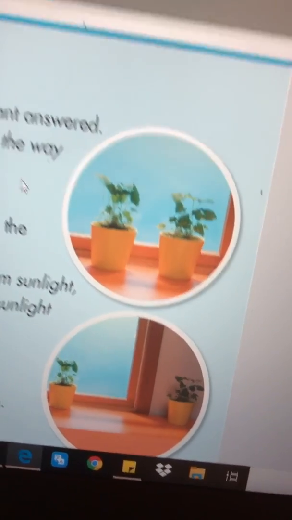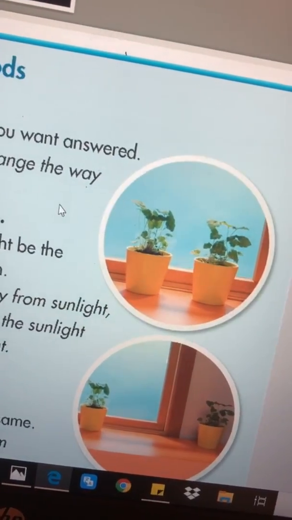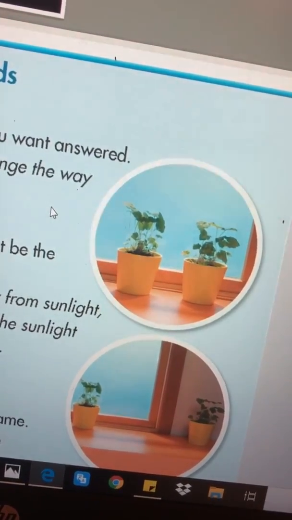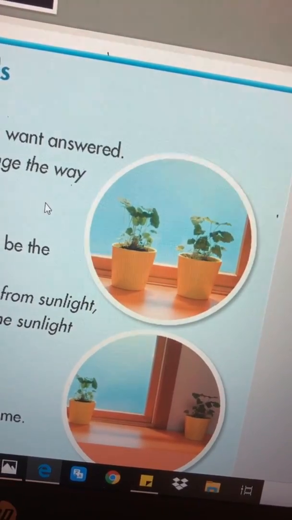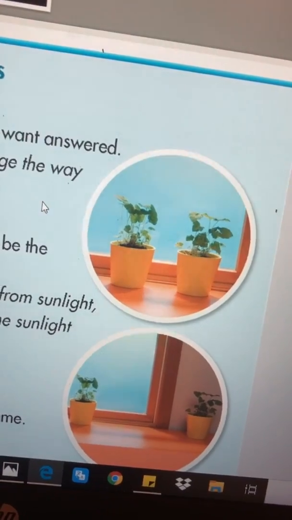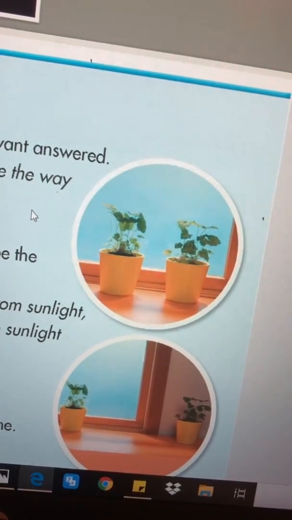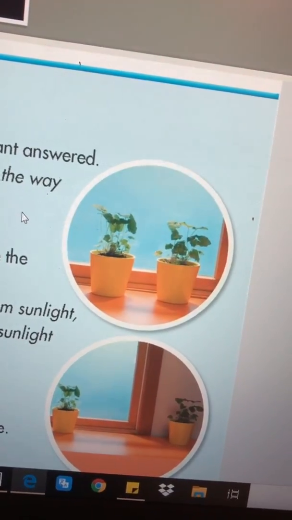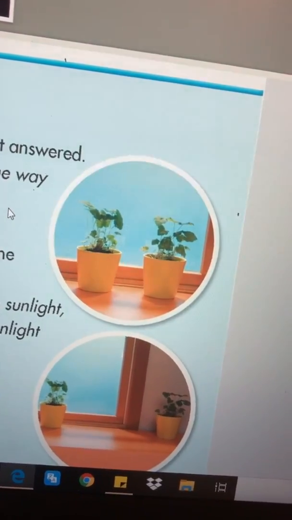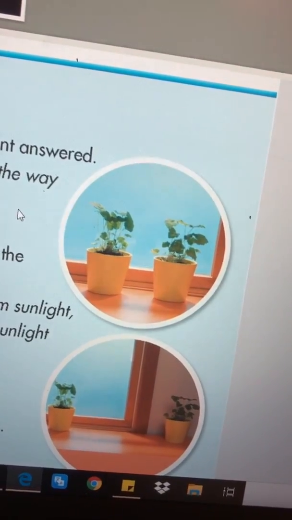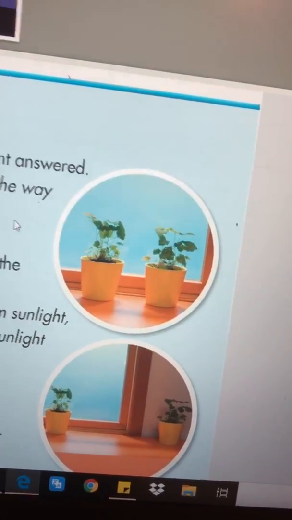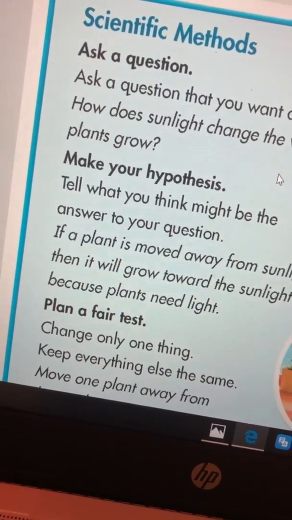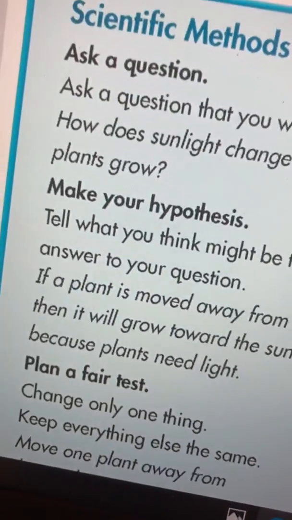Why? Because plants need light. So this is your hypothesis. You answered now your question.